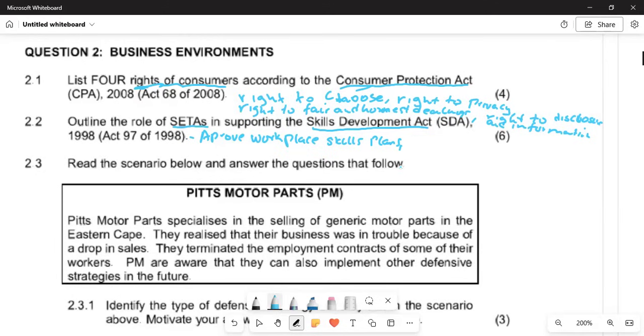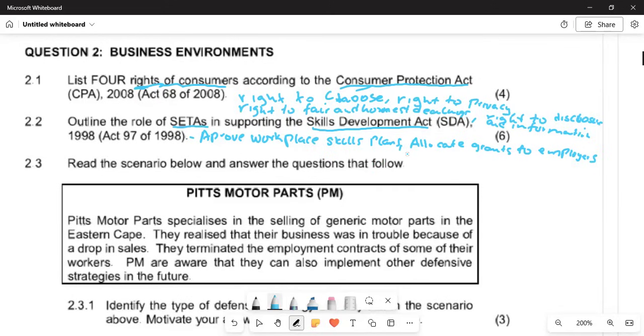Also, they allocate grants to employers, as well as education and training providers.